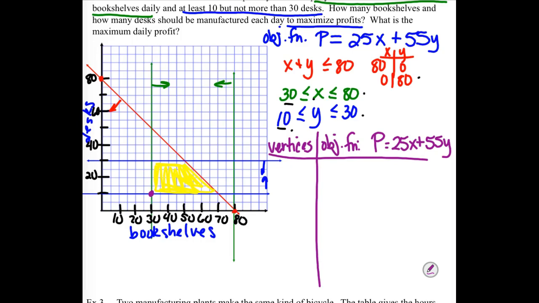Go ahead and go around the shape and write your vertices down.